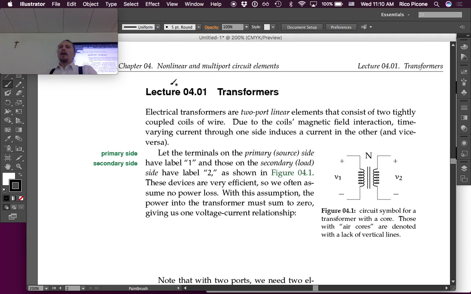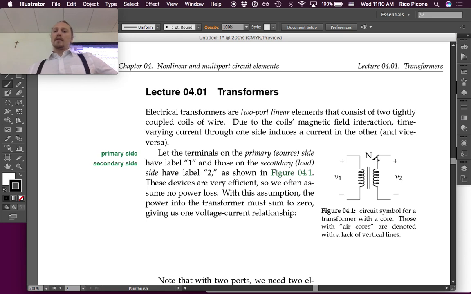You could think of one coil as a transmitter and the other as a receiver, and vice versa. Let the terminals on the primary or source side have label 1, and those on the secondary or load side have label 2.